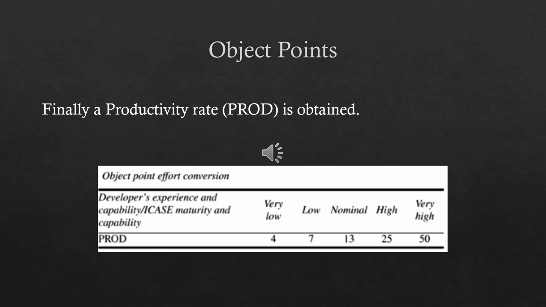The object point score can be adjusted to take this into account. The new object point score, that means the adjusted new object point score, is identified based on the percentage of object points that can be reused. Then we identify the productivity rate.